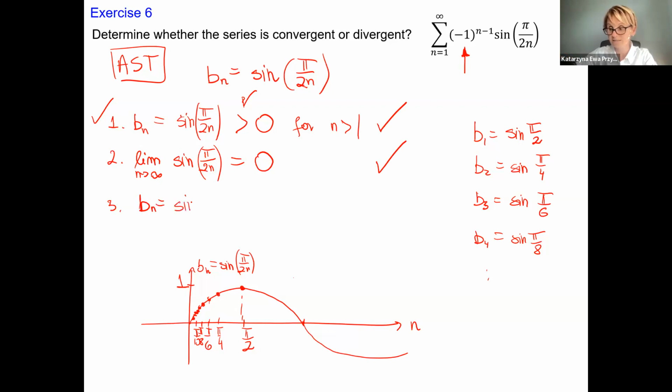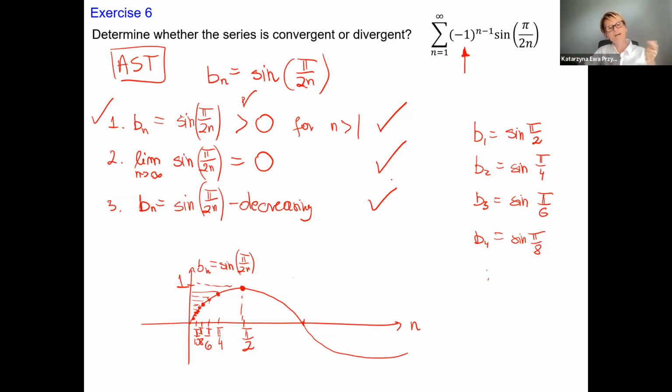Can we say that this is decreasing at these values? Decreasing, because we can see the value is 1, and then it's smaller, smaller, smaller, smaller.